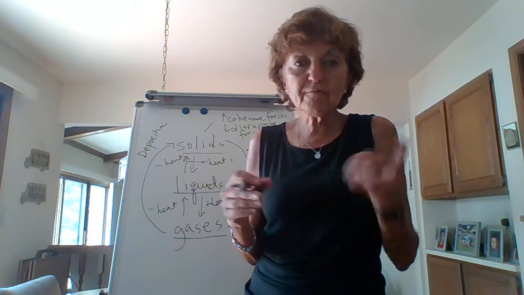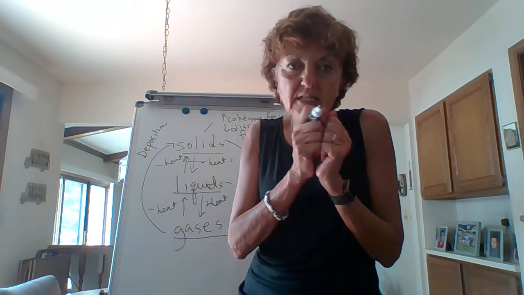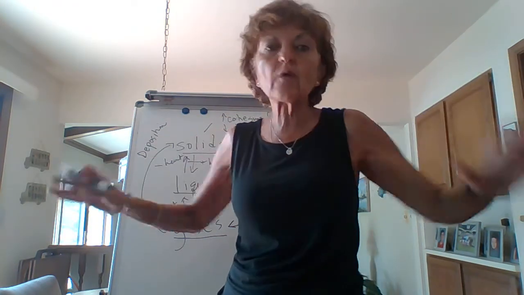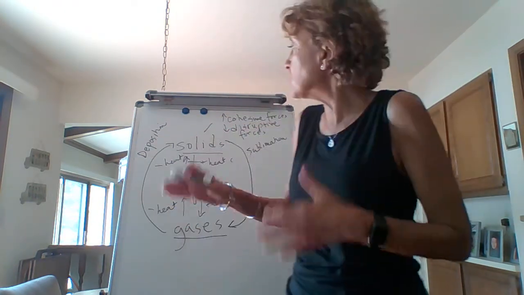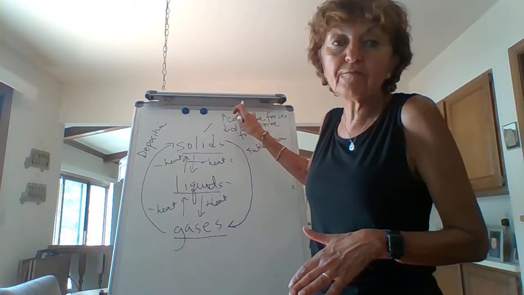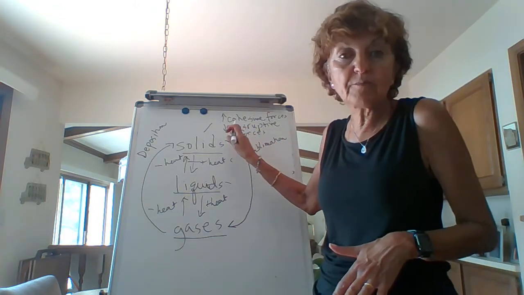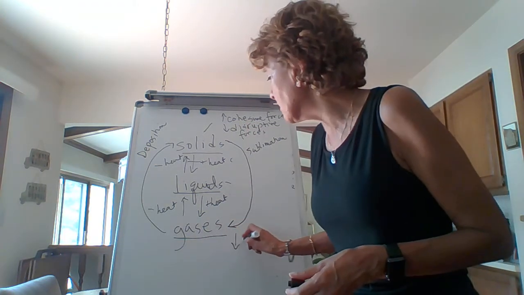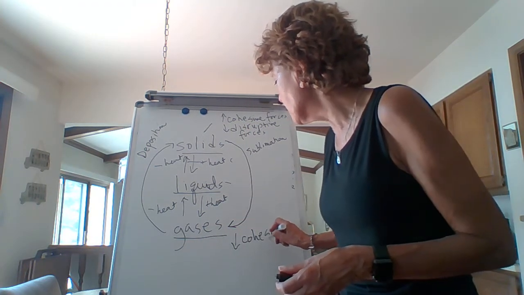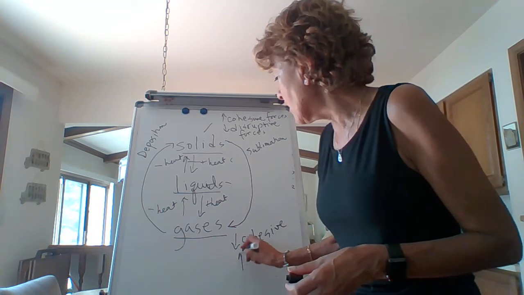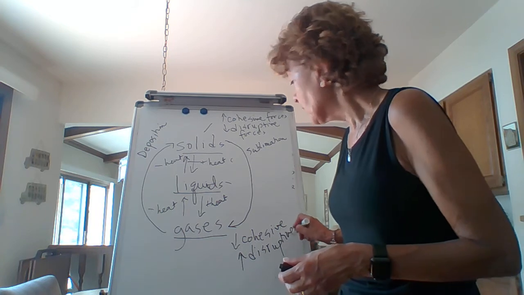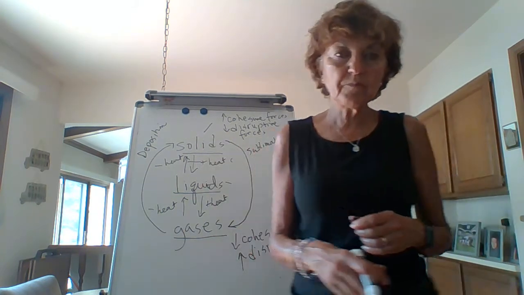The term cohesive forces means that solid particles like to stick together. Disruptive forces means they stay far away from each other. So a solid has a lot of cohesive forces, very little disruptive forces. Gases are the exact opposite. They have very little cohesive forces and a lot of disruptive forces. And then liquids are somewhere in the middle.